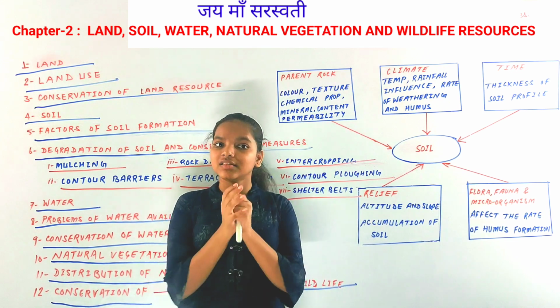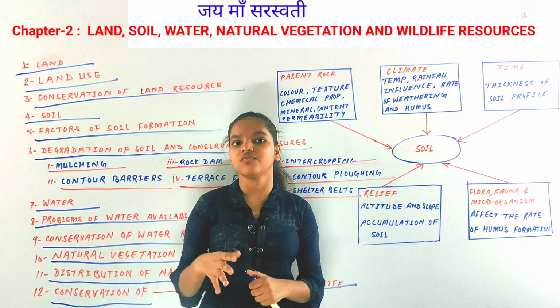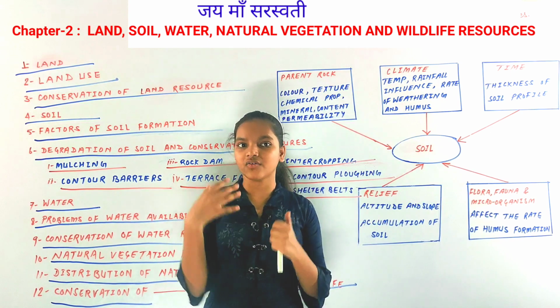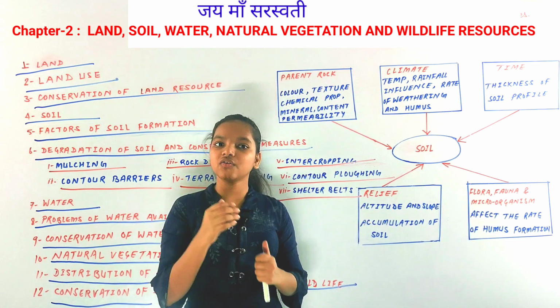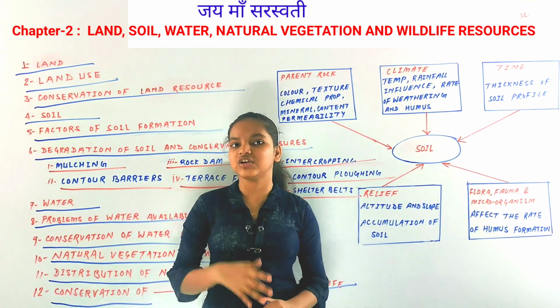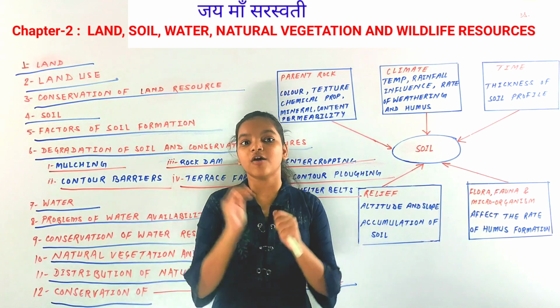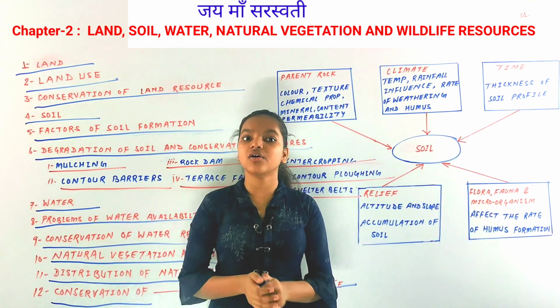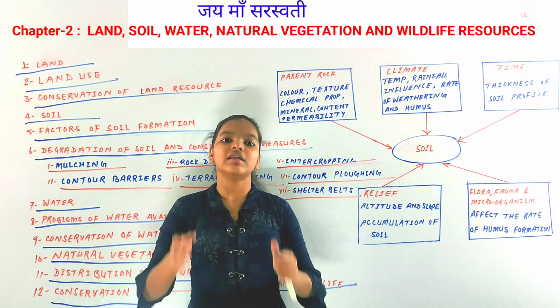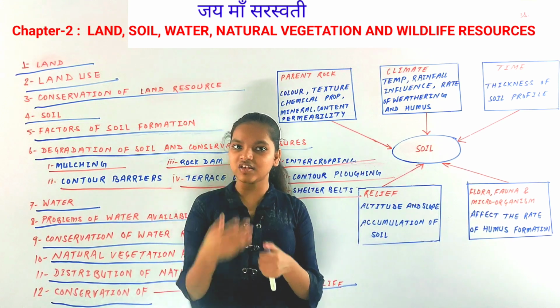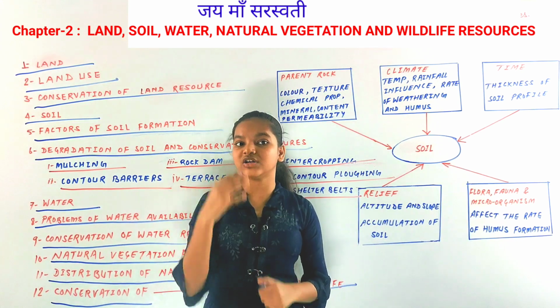So in this chapter we have discussed our resources: land resources, water resources, natural vegetation and wildlife resources. Now we have to conserve them, because all these resources that we have discussed in this chapter are on the verge, are vulnerable.